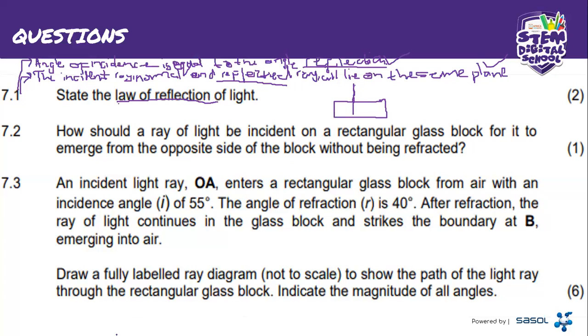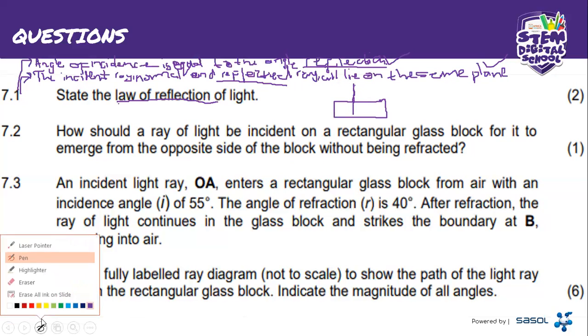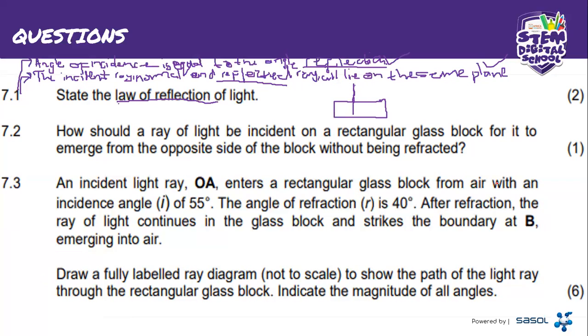This is the normal. Now, if I want this light ray not to be refracted, without being refracted, what must I do?